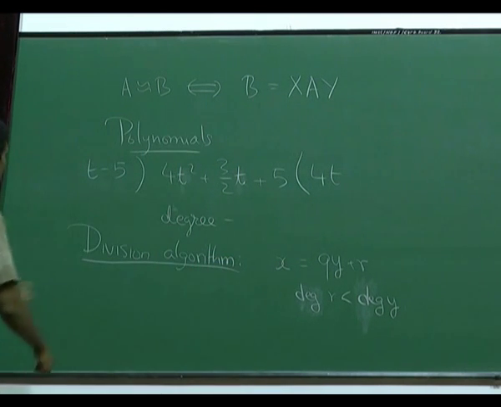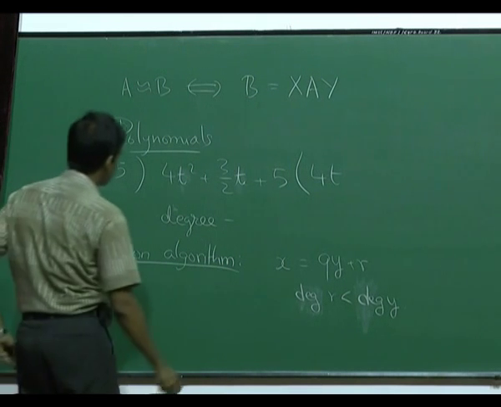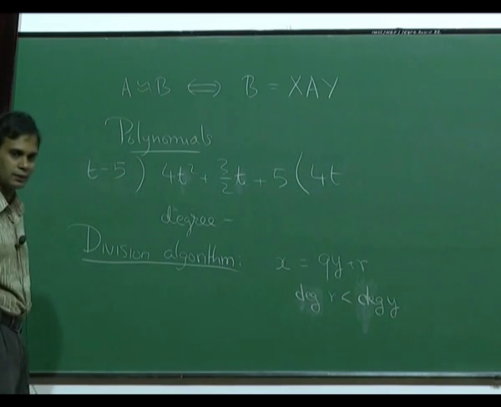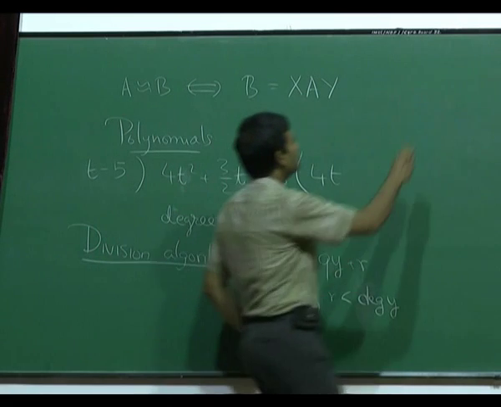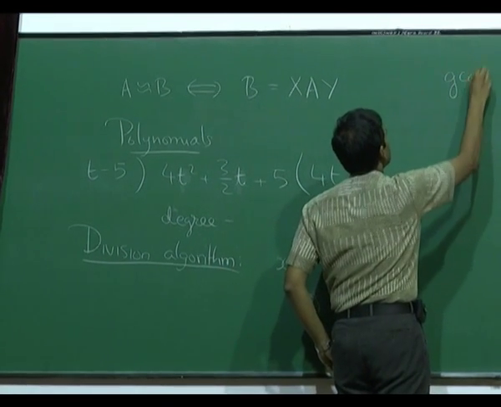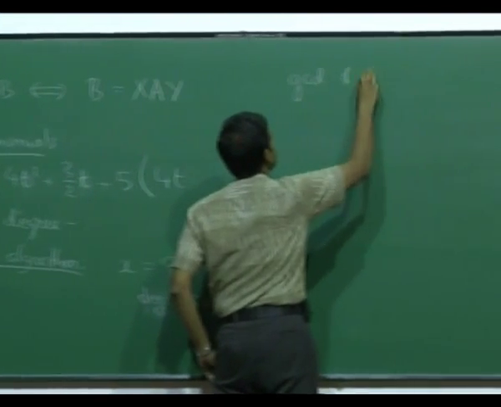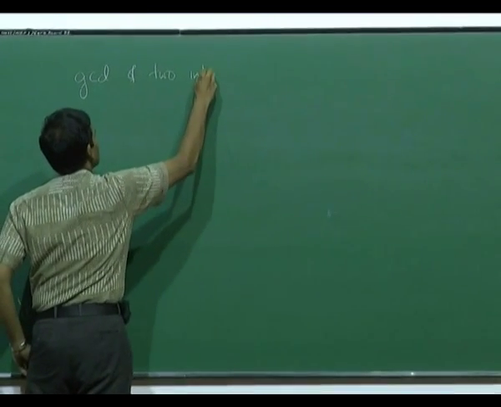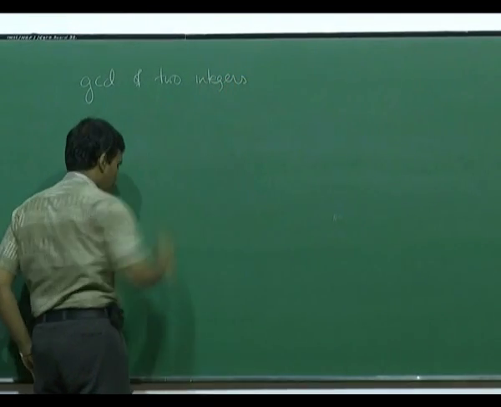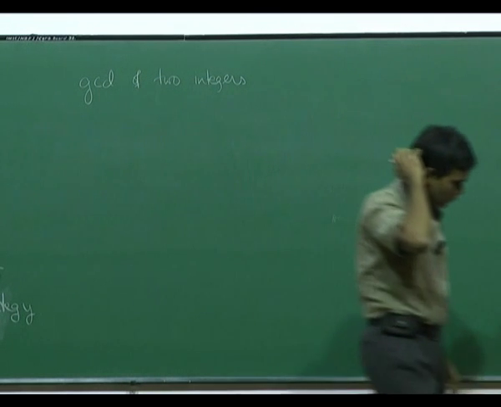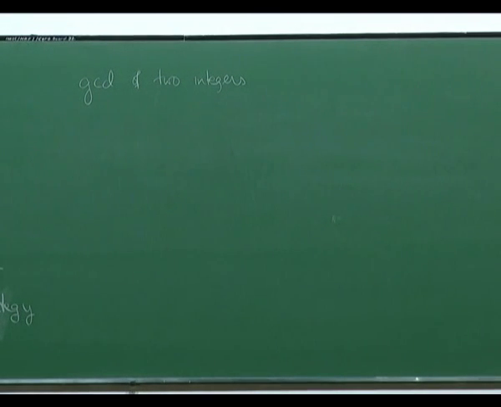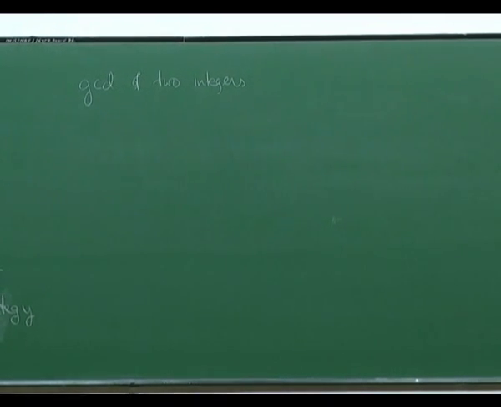And there is another thing we do with integers, which is find the GCD of two integers. What we know is that if you take two integers, then there is a unique third integer which divides both of them, and anything else which divides both of them is divisible by this.